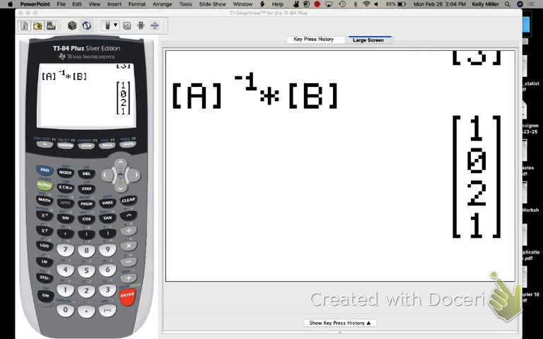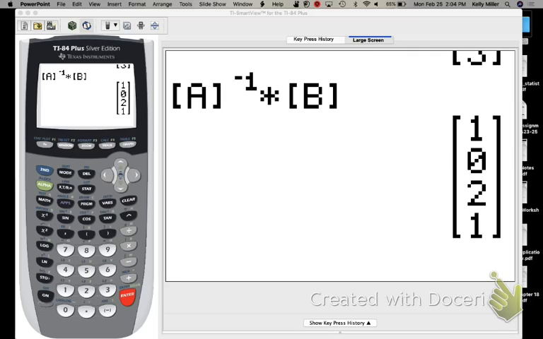So my inverse is 1, 1, 2, 1. And we're going to multiply that by 1, 1, right? Those are your numbers on the other side. Okay, so multiplication.